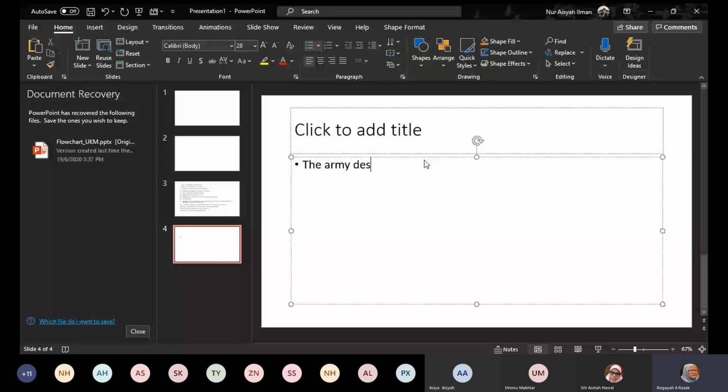The steps. Mark the constituents in the sentence. So I will mark. So what's the constituent? The city, destroyed, the army.